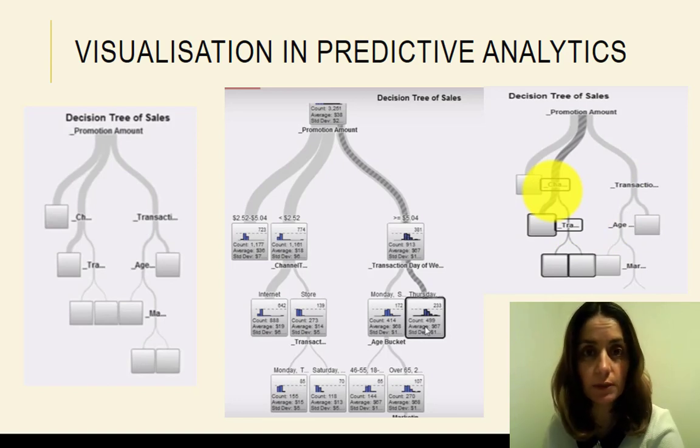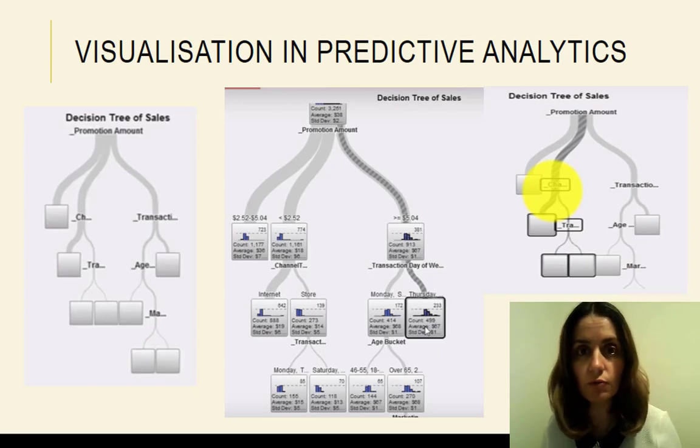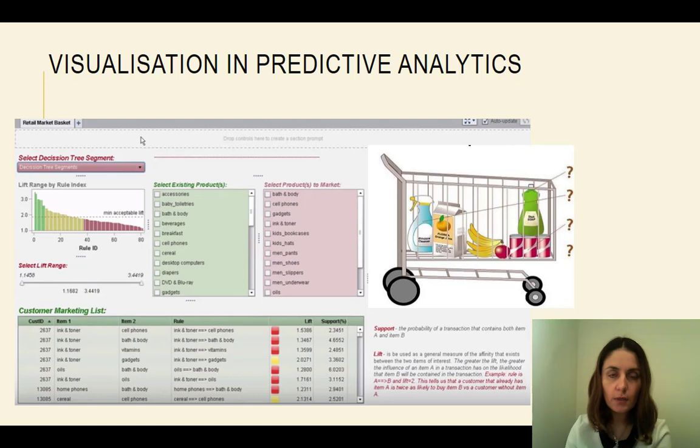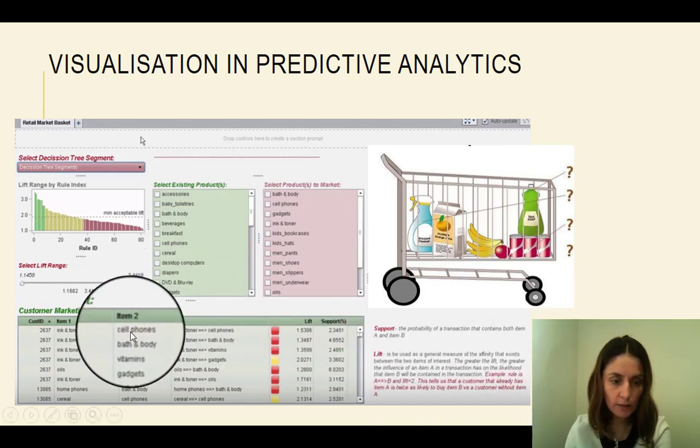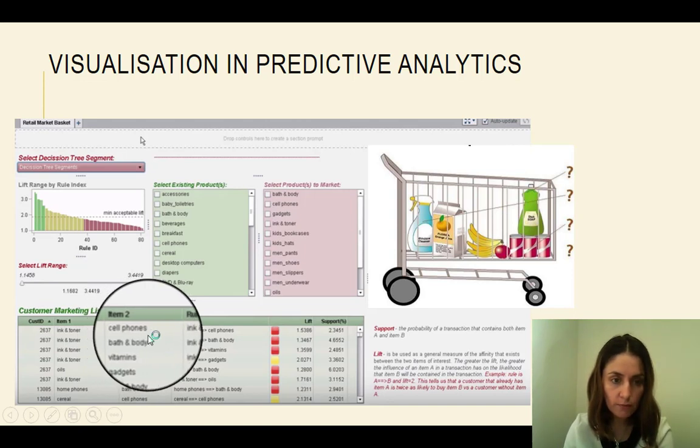It provides better information and helps us find the customer marketing list. Assisting visualization when running market basket analysis helps us to define the customers we want to advertise to and which product we want to bring to the market, and also helps us to see, as you can see in the list, which items come together and which items we were missing.